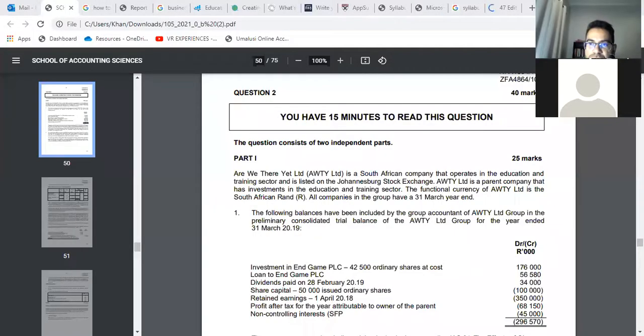Okay, you should be able to see the scenario in front of you. I'm just going to read it with you now. If you got it in the chat, it is on page 50, question 2.